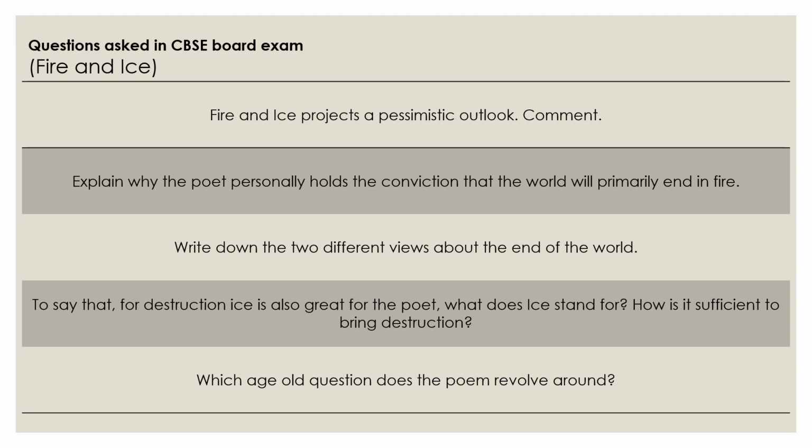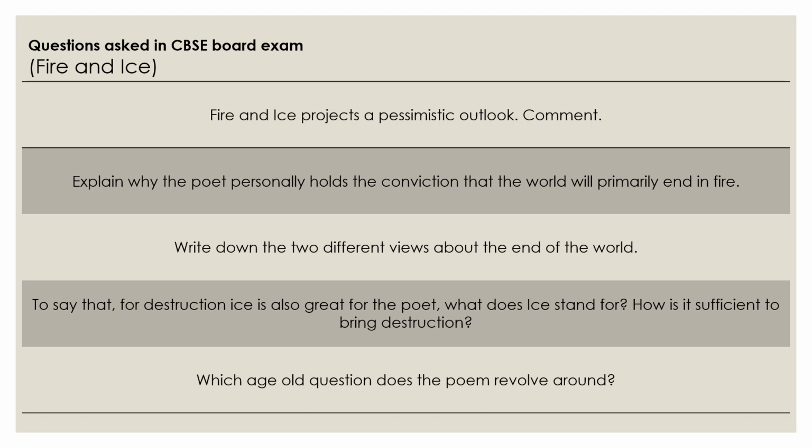Which age-old question does the poem revolve around? Now, this is the most important question, that the poem revolves around the age-old question of whether the world will end in fire or in ice. It would be preferable to freeze to death or burn to death. This is the matter of discussion here in the poem.